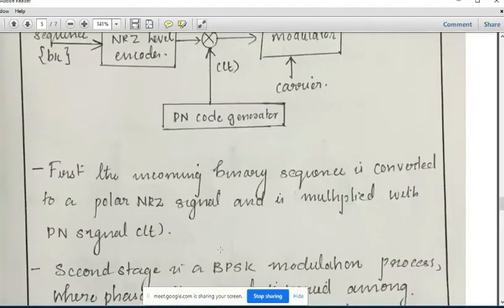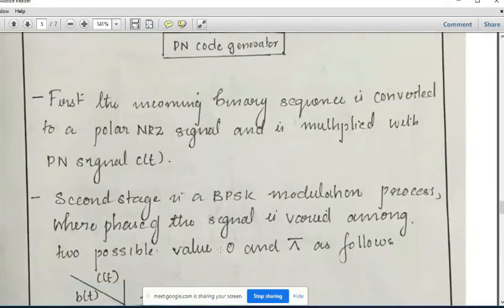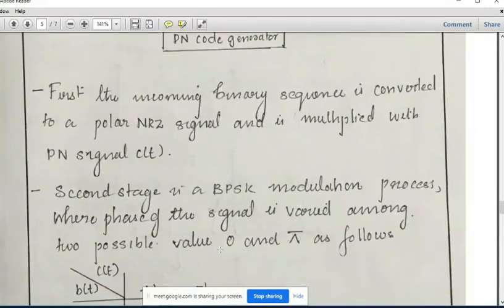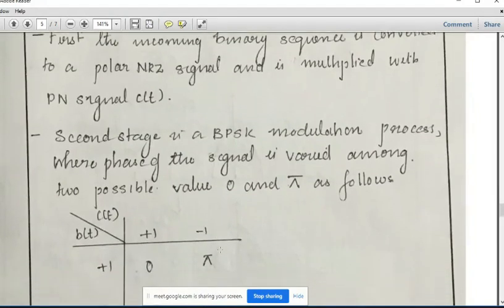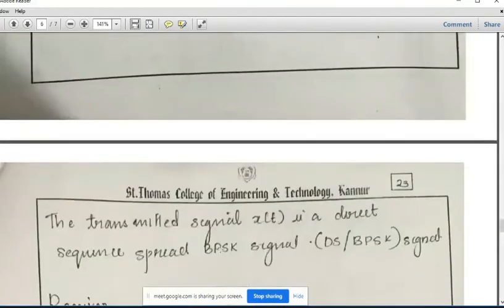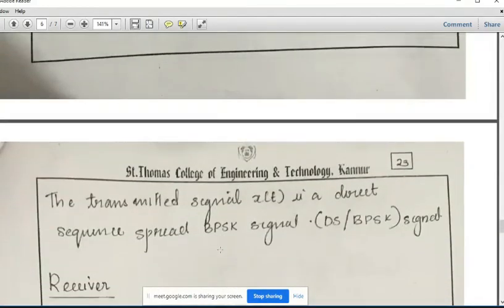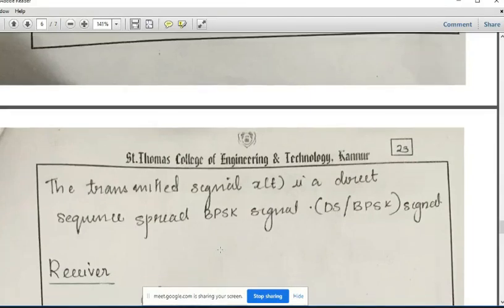So the second stage is a BPSK modulation process where the phase of the signal is varied among two possible values, 0 and pi, depending upon these values of b(t) and c(t). So the transmitted signal x(t) is a direct sequence spread spectrum BPSK signal.